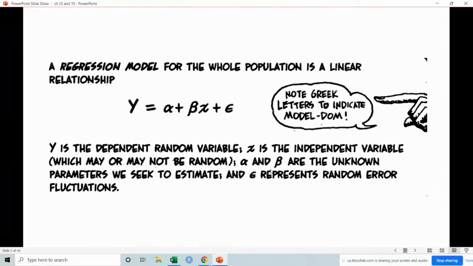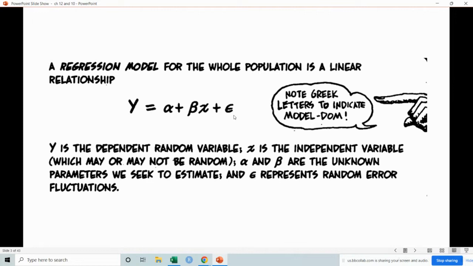The typical regression model for the whole population is the linear relationship of y, some dependent random variable, plus, in this case, alpha is our y-intercept, and beta is our coefficient for x.